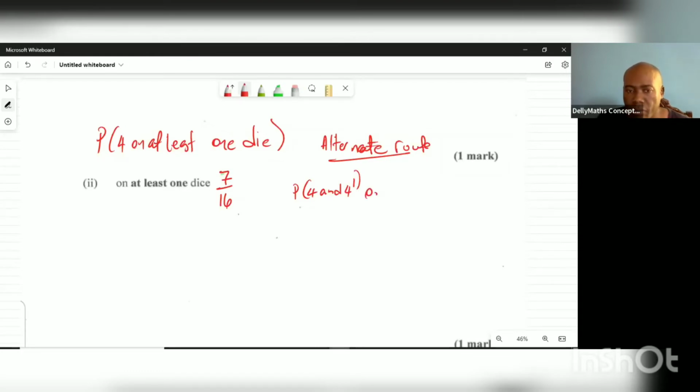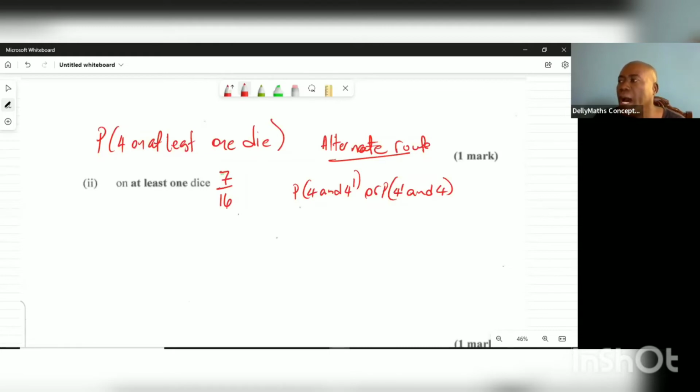Or on one die you could get a not a 4 and get a 4 on the other die. We're talking about 2 dice being thrown. These are the things that will happen. You get a 4 and the next one says not a 4. And then it's a possibility that the other one says not a 4, and you get a 4. That sort of thing will come out, right?